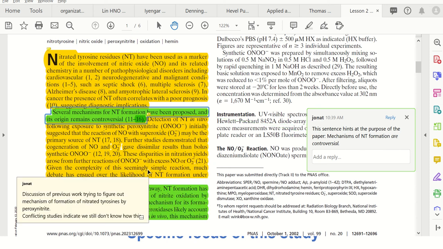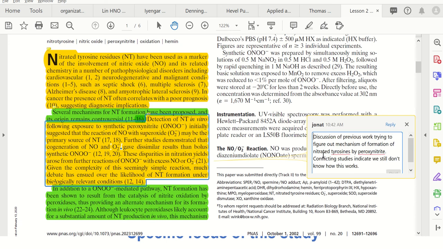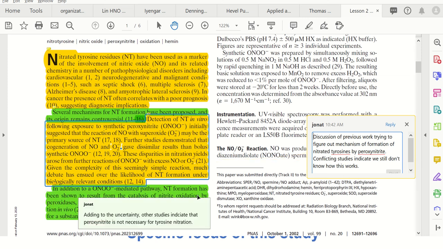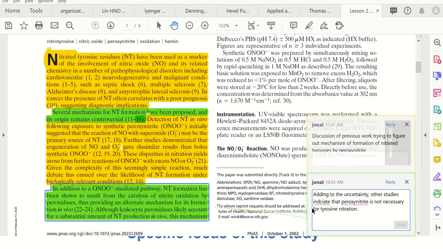What follows in this paragraph is some more discussion of the previous work, particularly in this case, looking at this molecule called peroxynitrite. Peroxynitrite is known to cause nitrated tyrosine residues, and so they're briefly discussing some of the work that's been done. In the third paragraph, they're also adding to this discussion that there's an additional uncertainty.